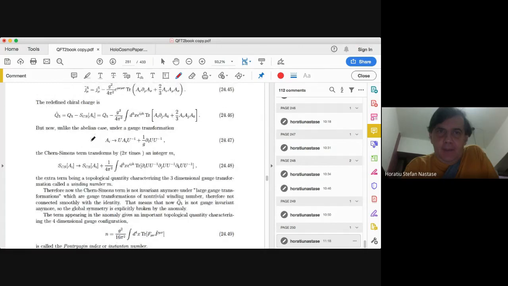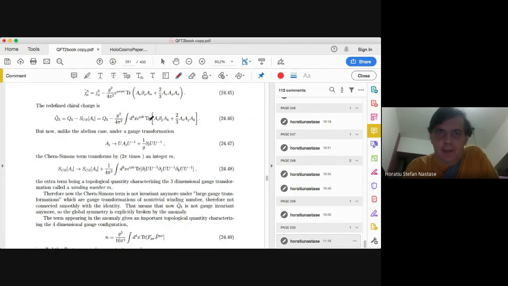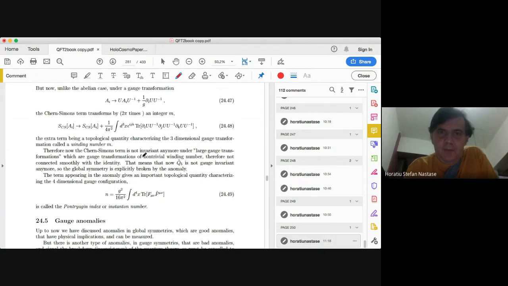The term that appears in this anomaly, this epsilon mu nu rho sigma trace ADA, this trace F mu nu F tilde mu nu, is also a topological quantity.